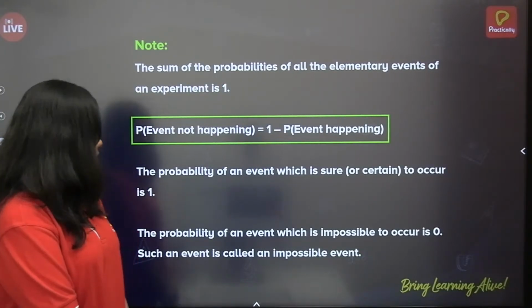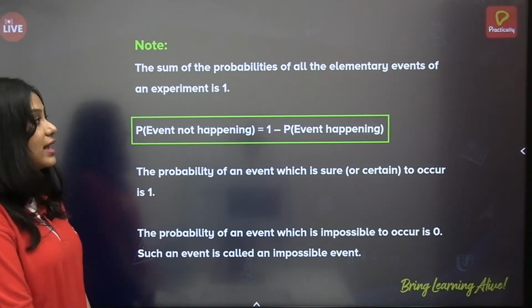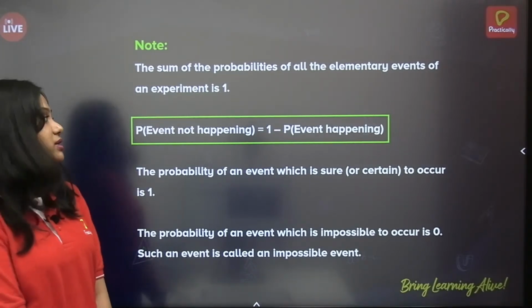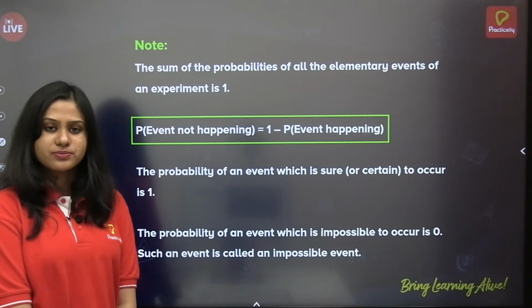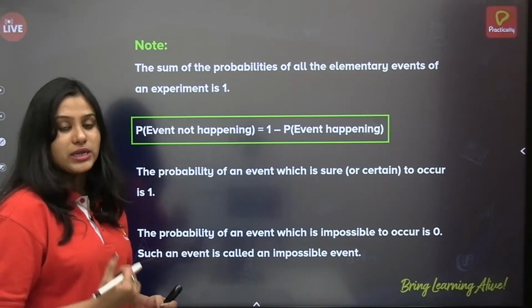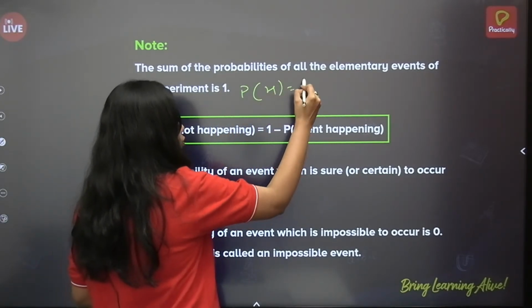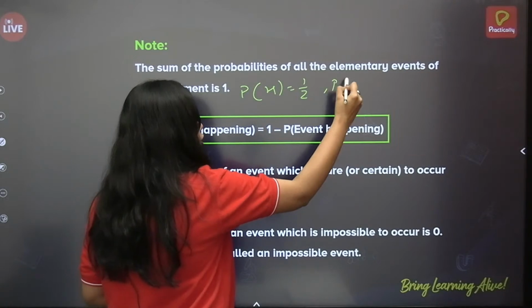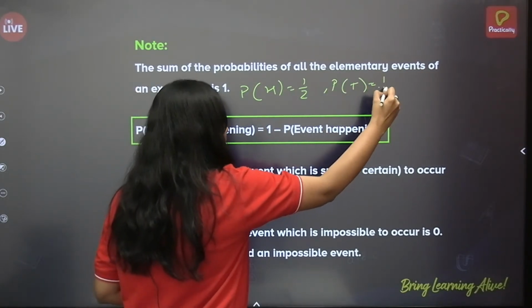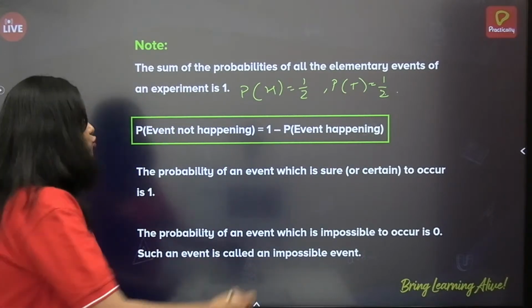Here are some important points we have to remember. The sum of the probabilities of all the elementary events of an experiment is 1. Of course, right? So, when I toss a coin, probability of head is nothing but 1 by 2. Probability of tail is nothing but 1 by 2. Now, when we add this 1 by 2 plus 1 by 2, do we get 1?